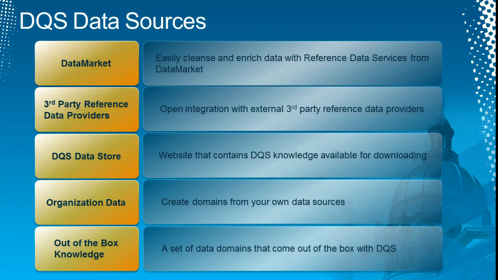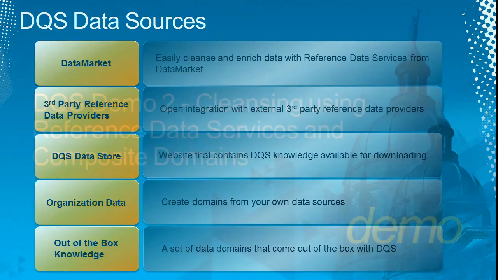And there's out-of-the-box knowledge in the box. That list of countries that you saw is in the box. A list of places in the US is in the box. You don't have to pay for it. Obviously, it's not as good as a third-party service that is continuously maintained and updated, but it's a good enough start to get data cleansing results very quickly.